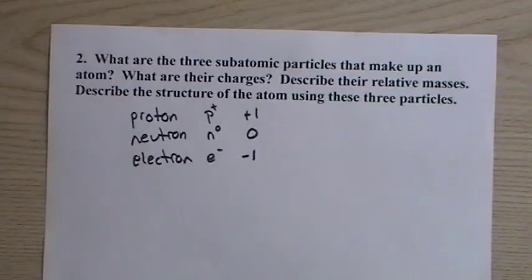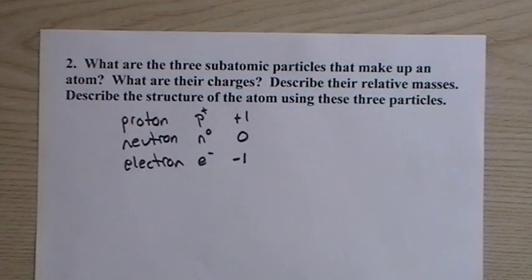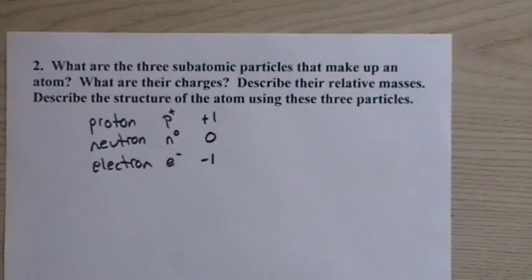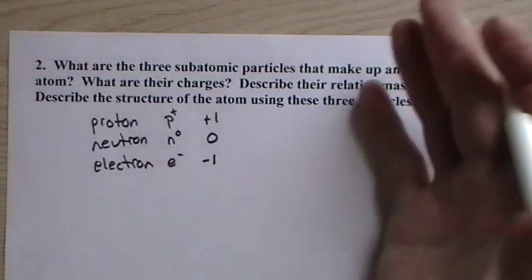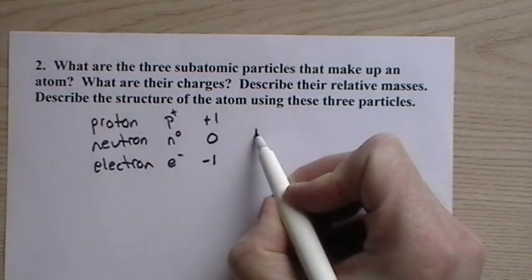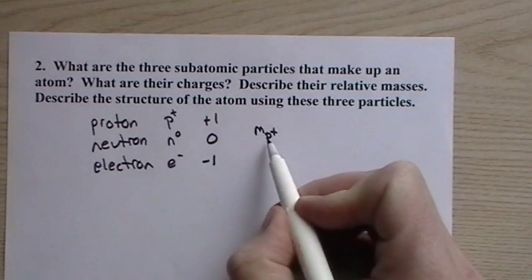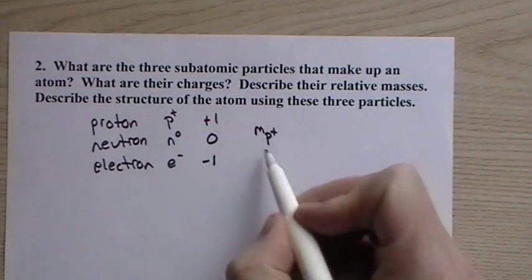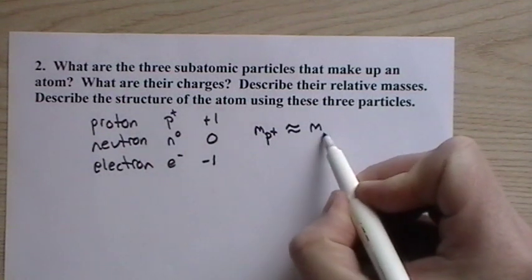Now that's just a relative charge. We also could do it by coulombs, a unit of electric charge, but we'll just leave it like that. That's fine. As long as you know protons are positive, neutrons are neutral, and electrons are negative. And then the mass of the proton, M with a subscript P+, is approximately the mass of the neutron.